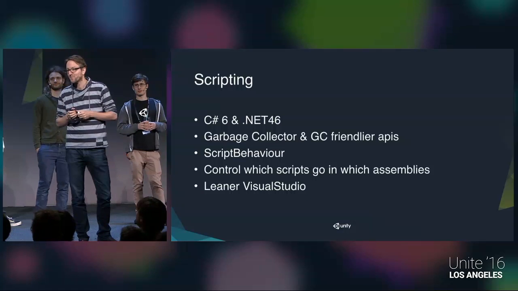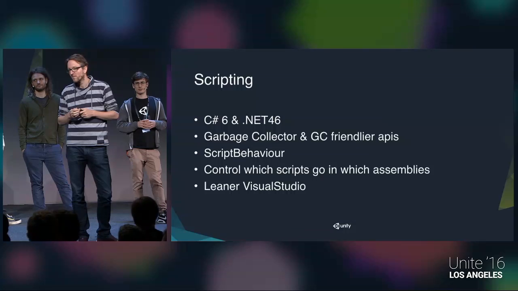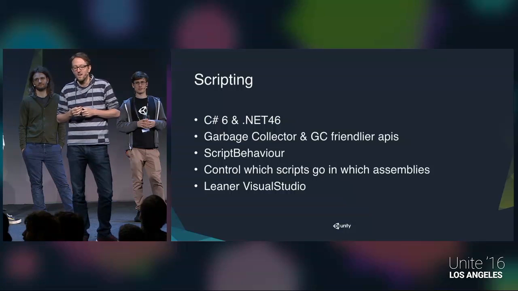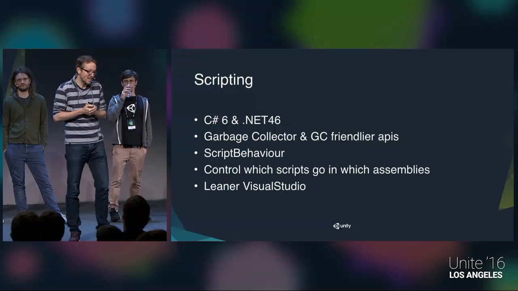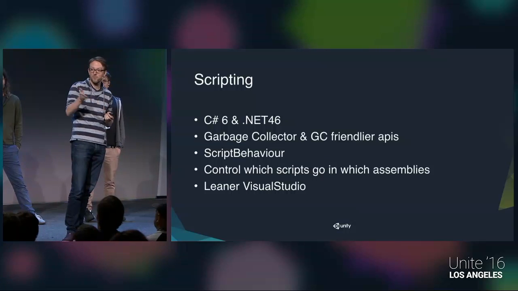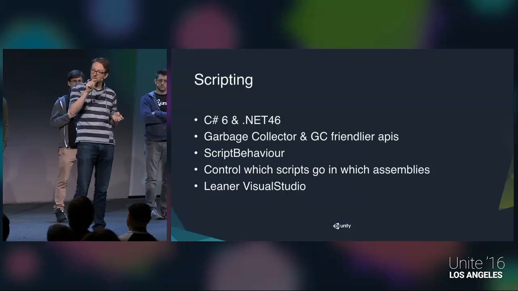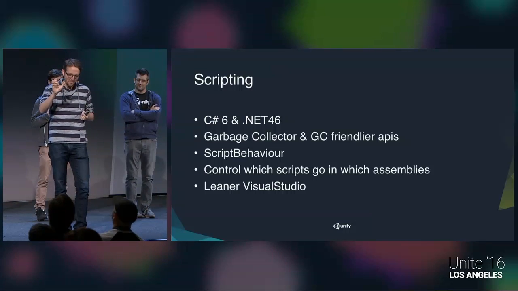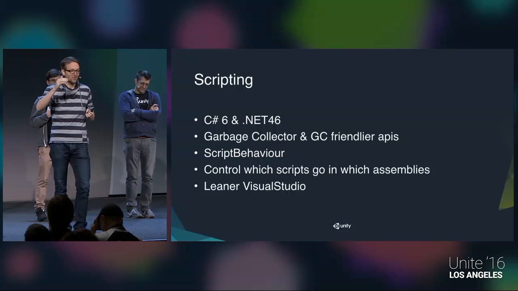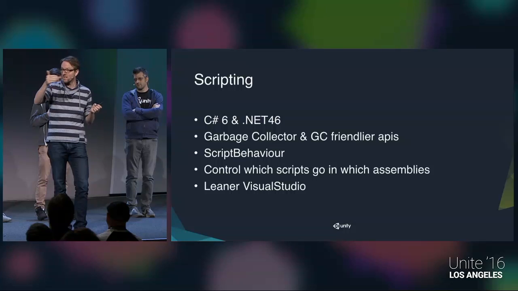So a couple of years ago, you were talking about the possibility of removing the special null comparison on behaviors. Any word on that? Yeah. So one of the things that happened with C# 6 is that it has the Elvis operator, the question mark dot. If you squint your eyes, it looks like Elvis. And it's a very convenient operator that checks if something is null, and if it's not, then does something with it.